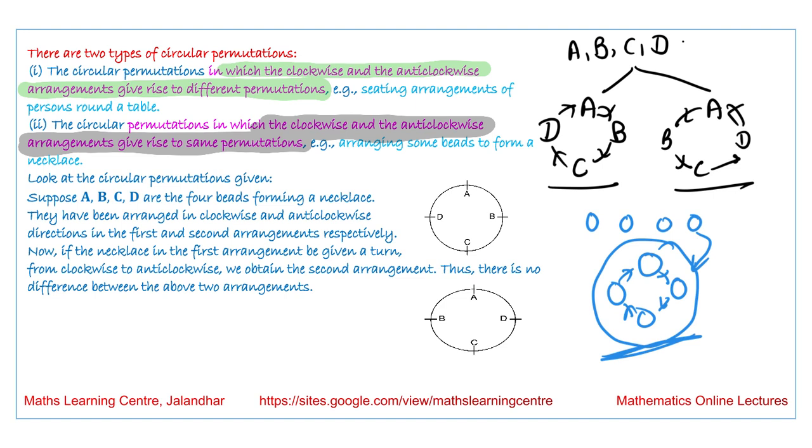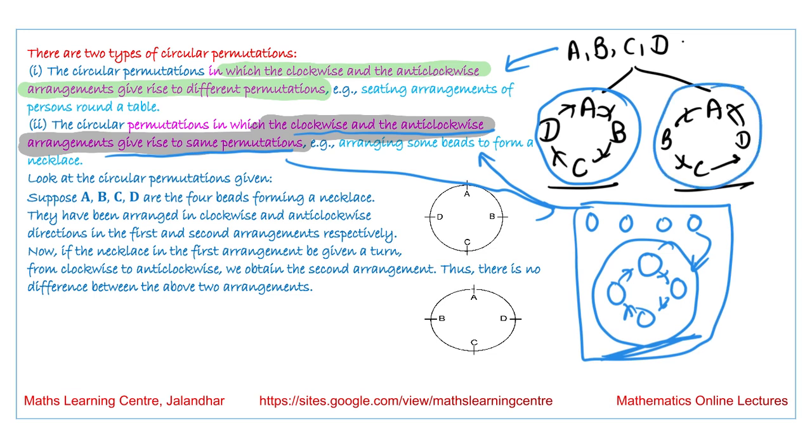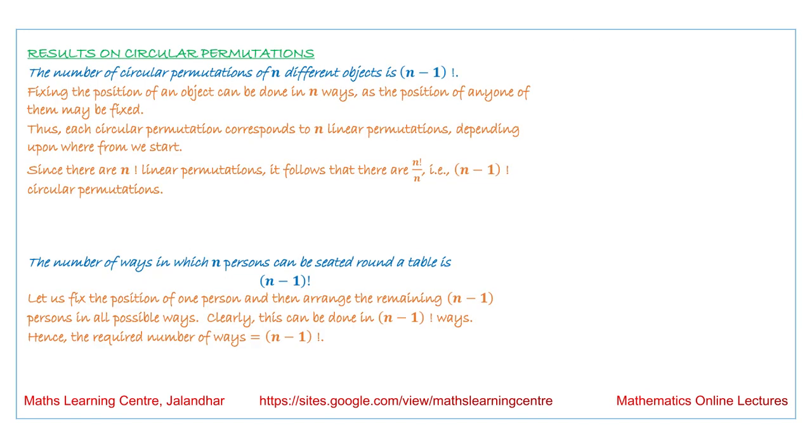This is the second case, where the clockwise and anti-clockwise arrangements give rise to the same permutation. And when we are talking about persons, the clockwise and anti-clockwise arrangements give rise to different permutations.